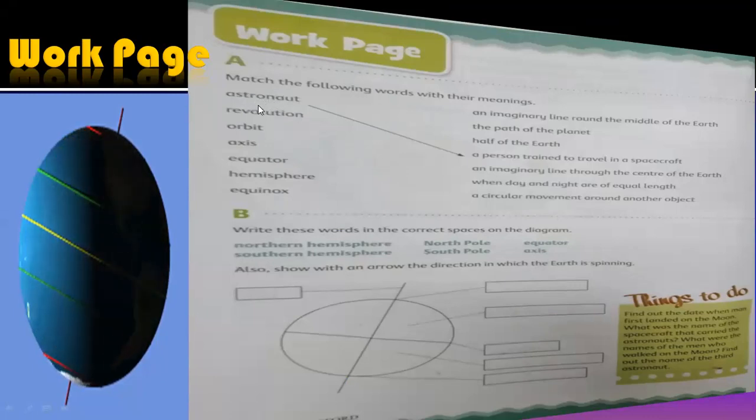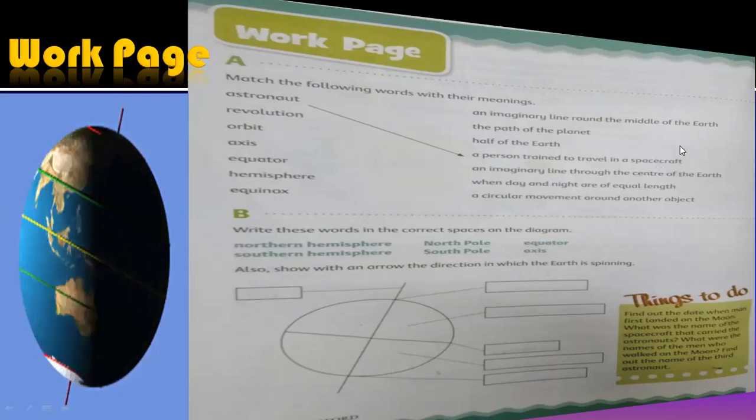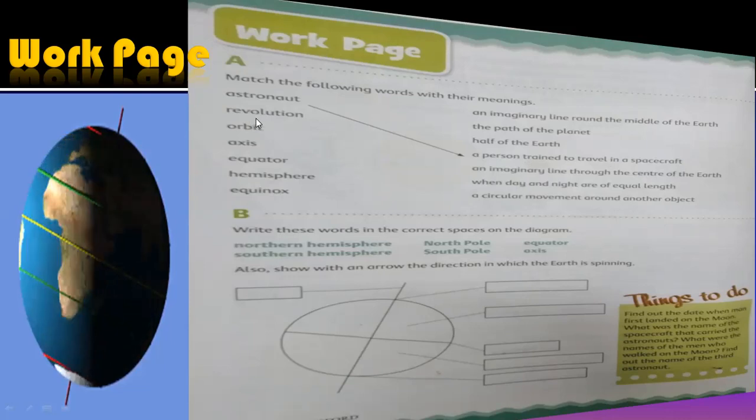Look, this one, first word, astronaut. You know those people who go into space in space ships are called astronauts. See the arrow, where the arrow goes: a person trained to travel in a spacecraft, called astronaut. The second one, revolution.